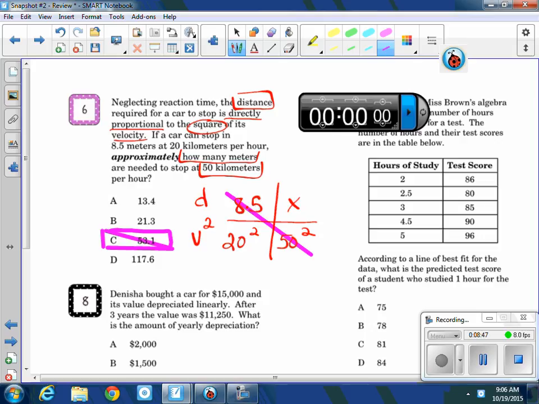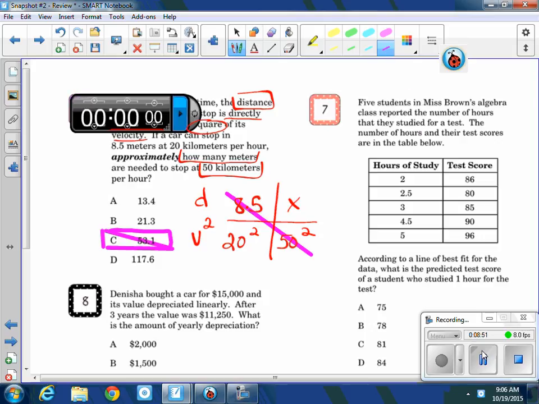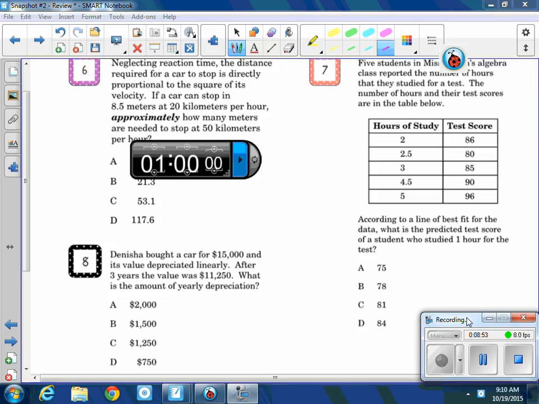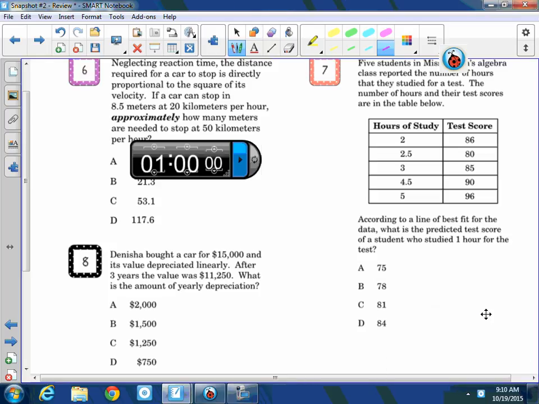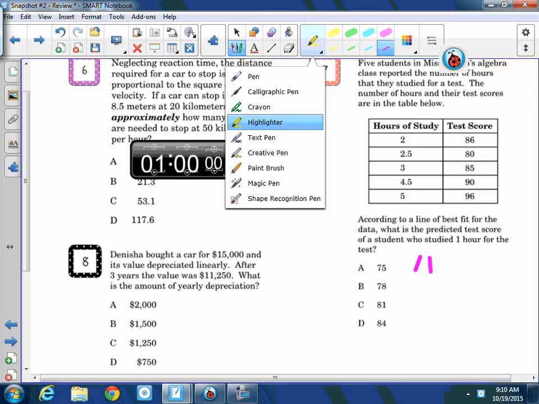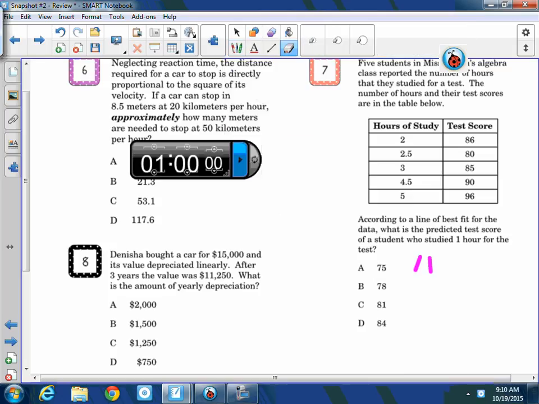Alrighty? Number 7, let's go. You definitely have to go to stat. When you went to stat, after you did stat, you came up with your equation.